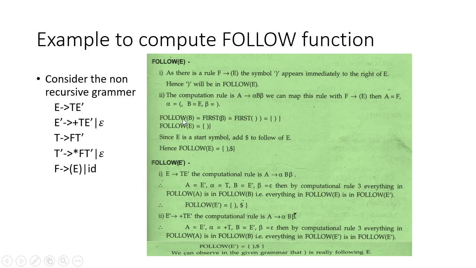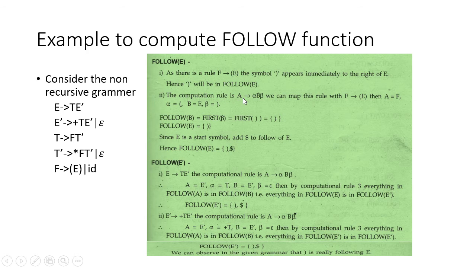Now let's look at the production F derives bracket E. After E is the closing bracket, immediately to the right of E, hence the closing bracket will be in follow of E.